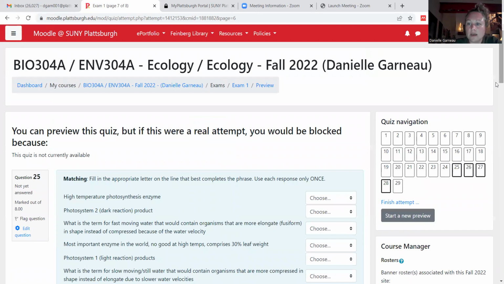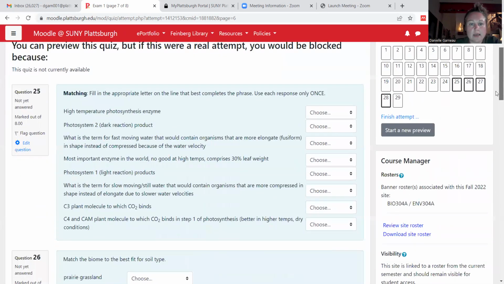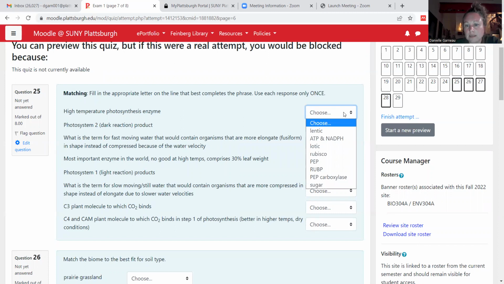All right, 25. 25 here is matching and dealing with photosynthesis. So you're drawing back to that table that I had at the end of the PowerPoint. And here we're looking at a high temperature photosynthetic enzyme. When you look at our options here, lentic and lotic are dealing with water, right? Slower still water or fast moving water.